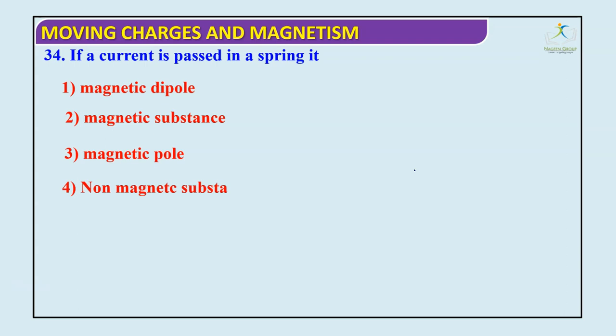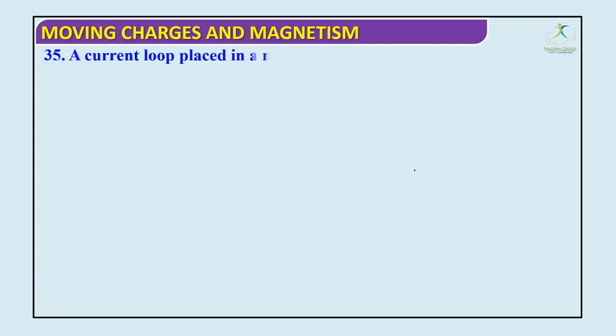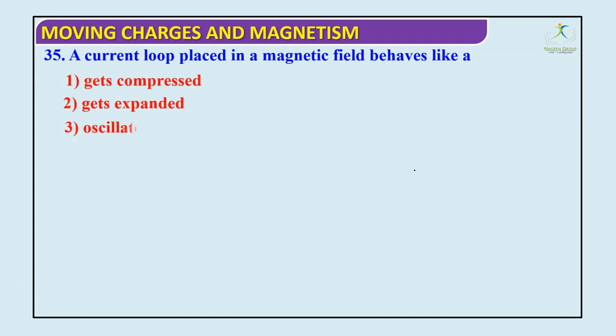For the correct answer, we can say that for two wires with the same direction of current, they exert an attractive force towards each other. So for that scenario, we can say magnetic dipole. Next, a current loop placed in a magnetic field behaves like: gets compressed, gets expanded, oscillates, or remains unchanged. The correct answer for this question is gets compressed.